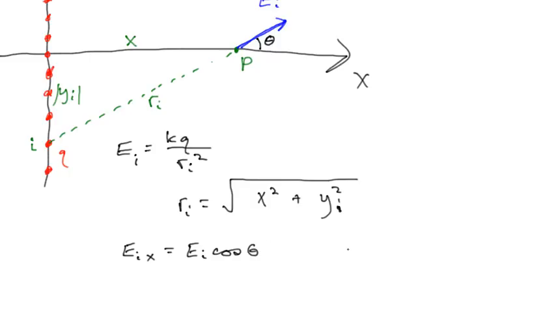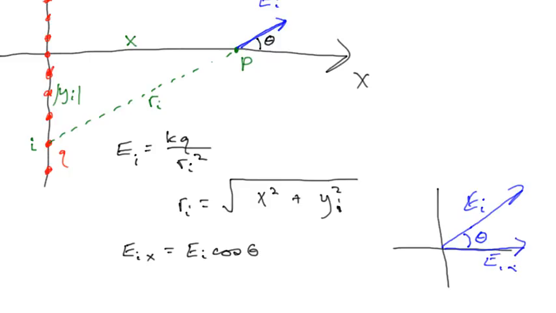So for that, I'm supposed to have a vector component diagram. There's E sub I. There's theta. E sub I x component.